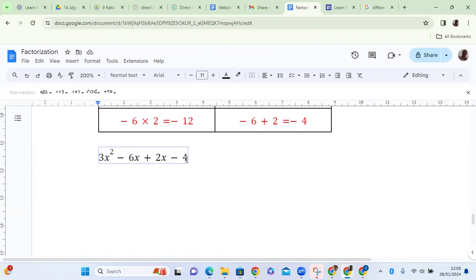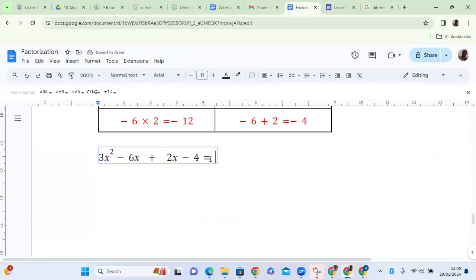We can put an equal sign there, because we can go horizontally just to save space. So we apply factorization 1 to 3x squared and minus 6, and apply factorization 1 to 2x minus 4 separately.